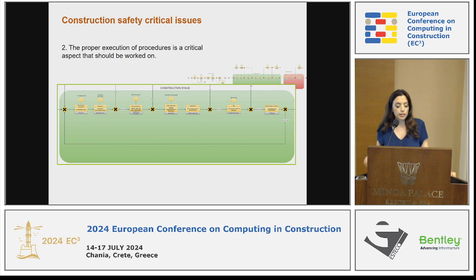Not only this, but as we have seen in the statistics, the proper execution of procedures is a critical aspect, because we don't have a well-traced procedure inside the industry, so they are difficult to follow, and to follow in a rigid way.